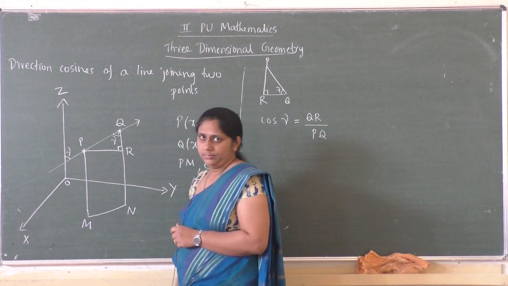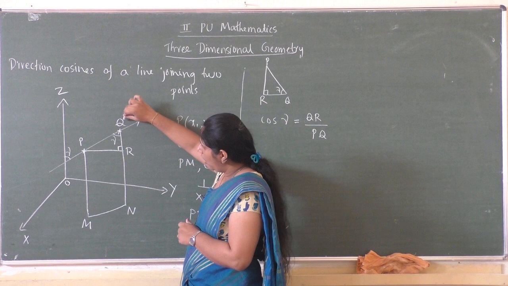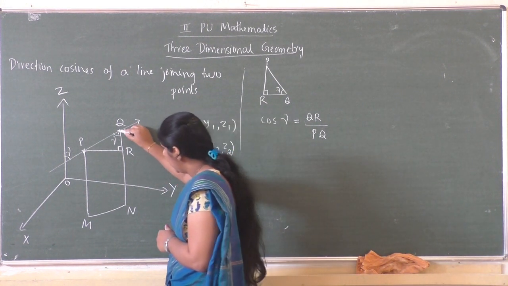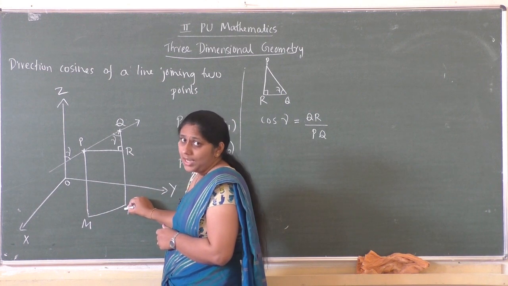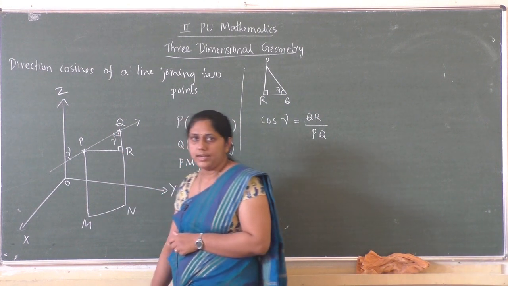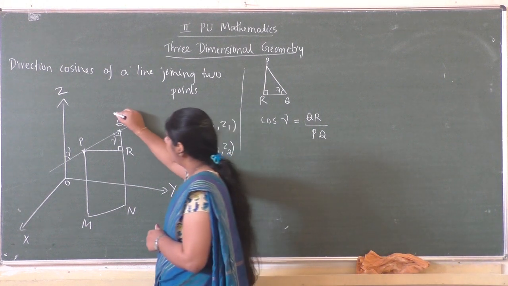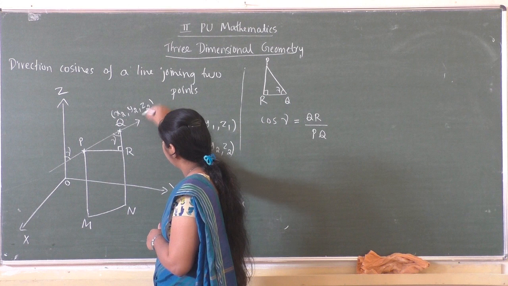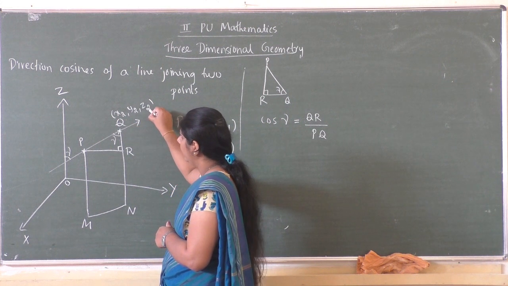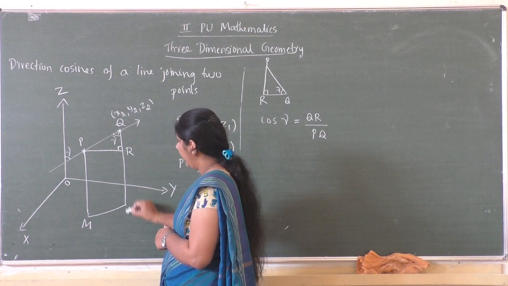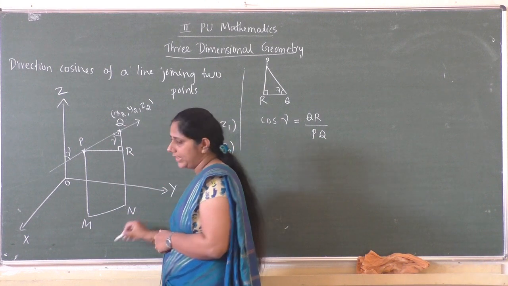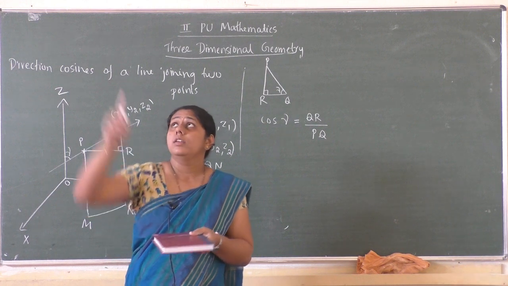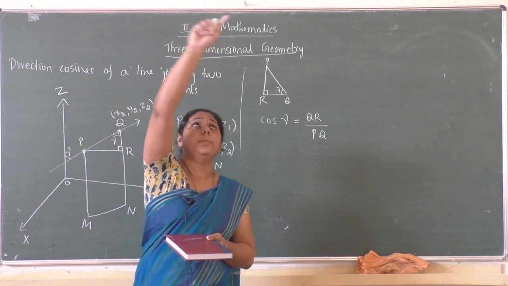Now see the diagram. Here the coordinate of Q is x2, y2, z2. Then the distance QN is the z coordinate of Q. Is it right? Since the coordinate of Q is x2, y2, z2, the z coordinate of the point Q is the perpendicular drawn from that point to the XY plane. Suppose take a fan as that point.